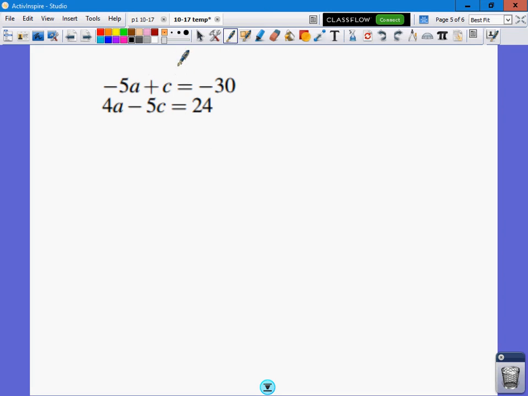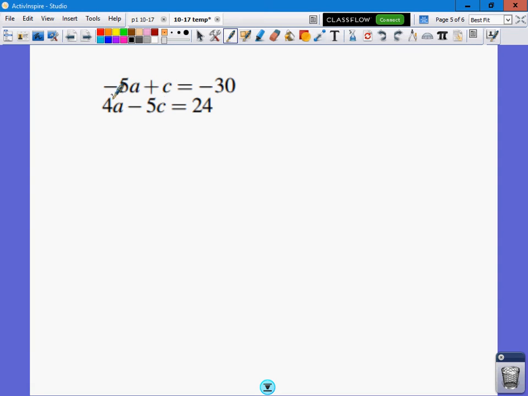Although I could manipulate this C value pretty easily to get it to go away, this is where I think that if I had a teacher that said, you can do this all the time, this will work 100% of the time, you never have to look for the lowest common denominator or greatest common factor to see what would be the best way to manipulate it.